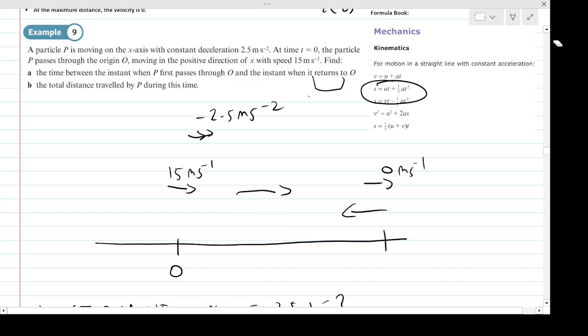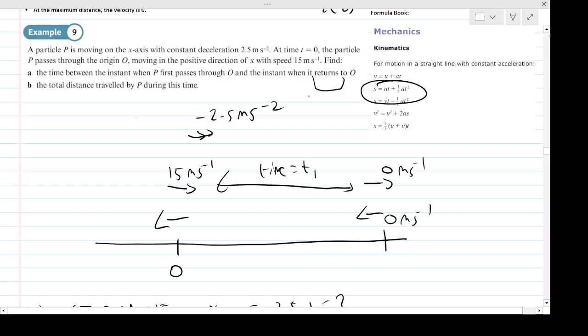Anyway, so what's the distance? As we discussed, it comes to a standstill at 0 meters per second at some point here. I need to be aware it will slow down to 0 at some point in order for it to move backwards. So if I consider the first part of the journey as time t1, then it moves backwards from 0, and then it moves at some speed here at the end.